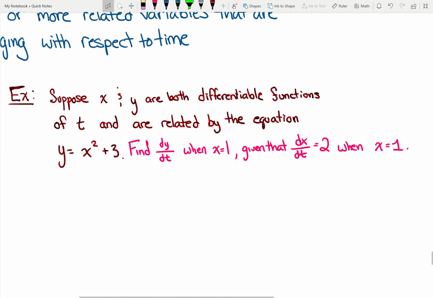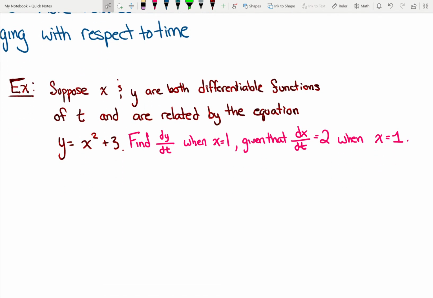So we have to break this problem apart. The first thing we want to do is analyze that first sentence: suppose x and y are both differentiable functions of t. Pretty much they're saying x is a function of t and y is a function of t.